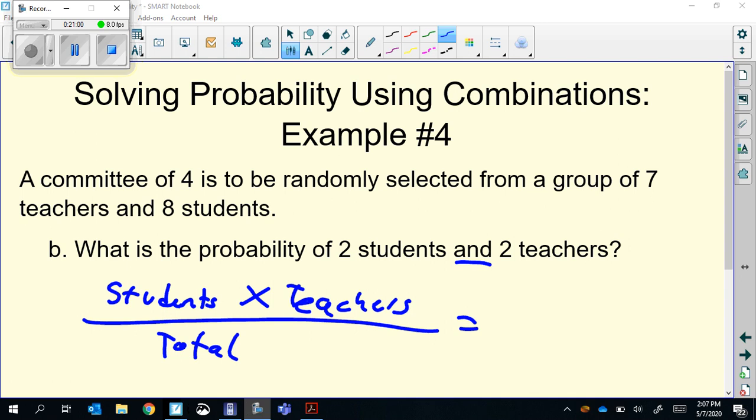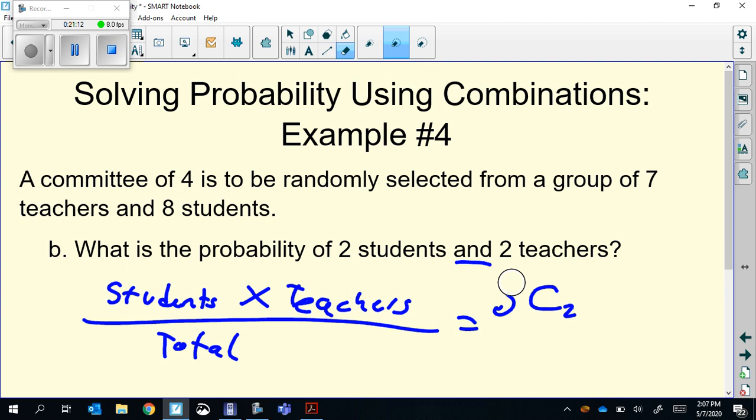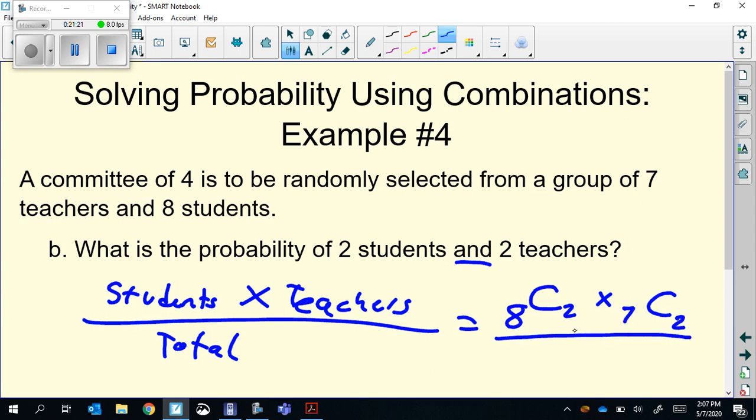So to pick students, we're picking 2 out of a group of 8. And then for our teachers, we're picking 2 out of the group of 7. For our total, we're getting groups of 4 total from the group of 15, 7 teachers, 8 students.